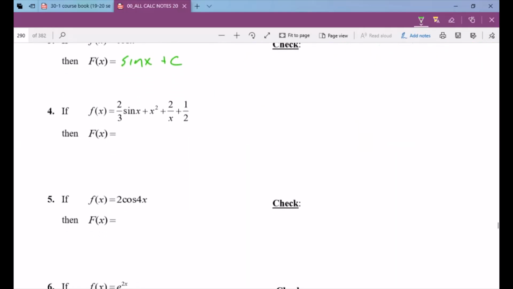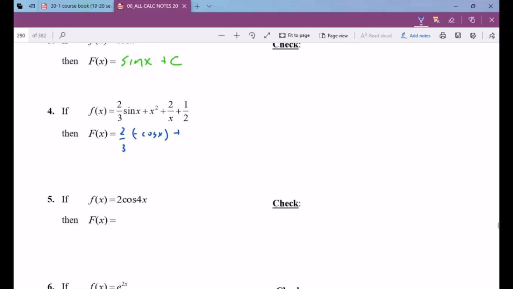Number 4, using 2/3 sine x. So let's start this off by writing the 2/3. The derivative of cos is negative sine, so this must have been negative cos before differentiating.